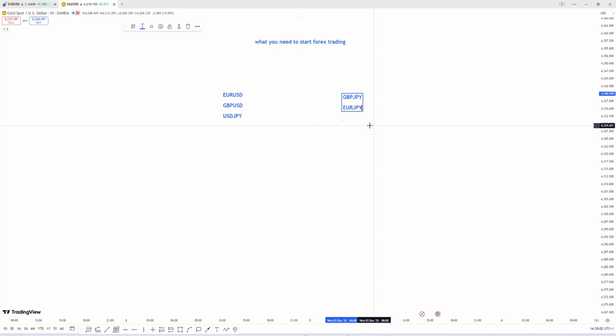They are the minor currencies, and the reason being that the cost of execution, the cost of trading these currencies is not cheap. The spread, I mean, the what's it called? They are not easily predictable. So that is why you need to stay away from the minor currencies as a beginner trader, and focus mainly on the major currency pairs.